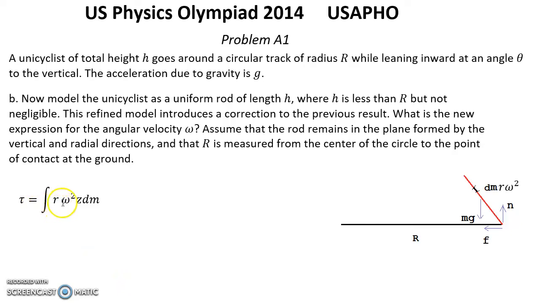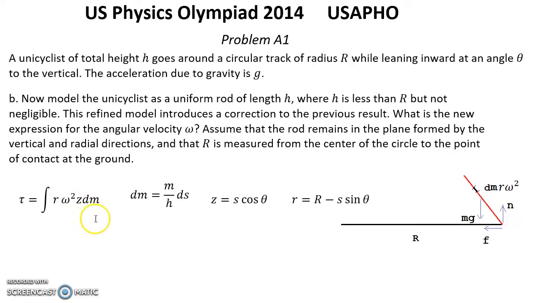Integral of r omega squared z dm, where r is the distance of this element dm from the center of rotation, omega is the angular velocity, z is the height of this element above the ground, and dm is its mass.